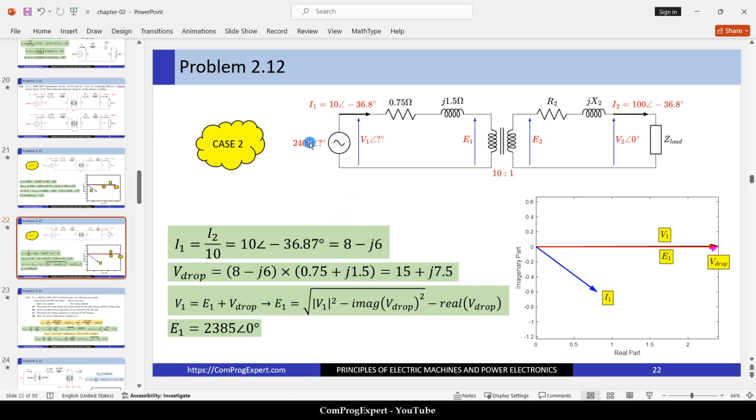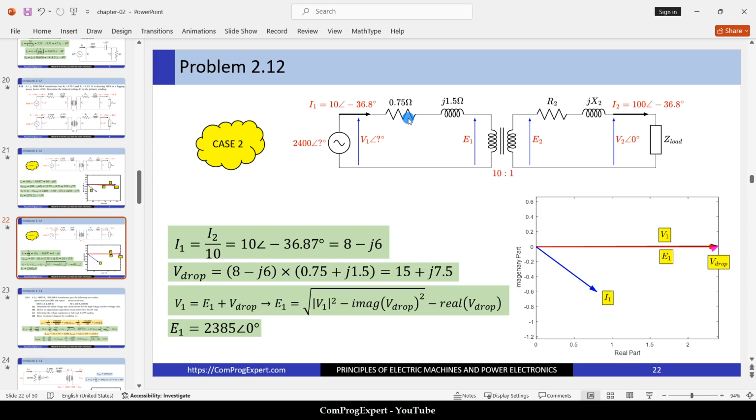You can even consider the value of the angle of the V1 equal to 0, recalculate and compare the value of the E1. Its amplitude is important. Okay. So yes, this is the exact case, but also you can neglect the angle between E1 and V1 because the voltage drop is not too high, as this is practical for transformers.